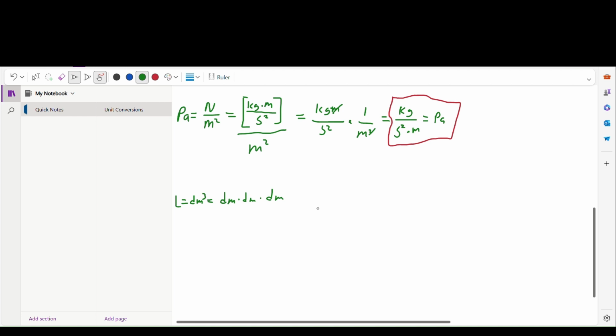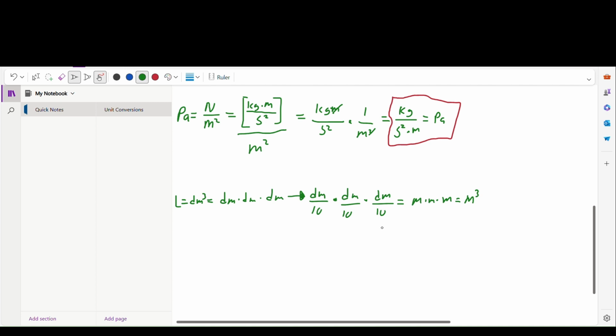Now, what you can do is take it a step further, and say a decimeter divided by 10 times a decimeter divided by 10 times a decimeter divided by 10 would indeed equal a meter times a meter times a meter, which would essentially be a meter cubed, right? Makes enough sense.